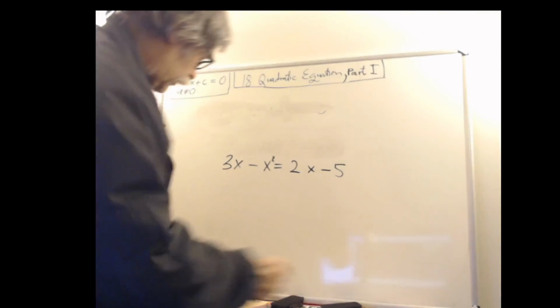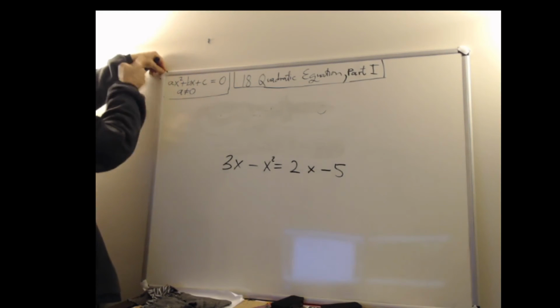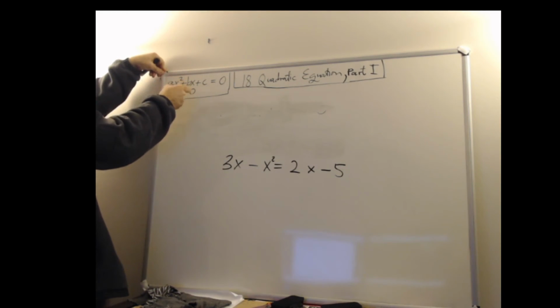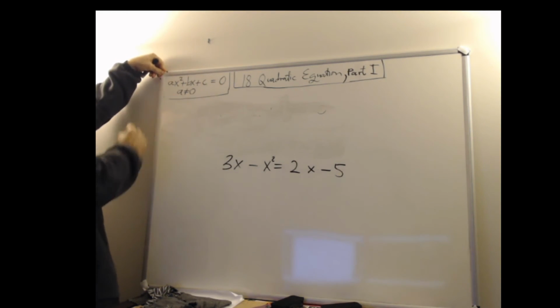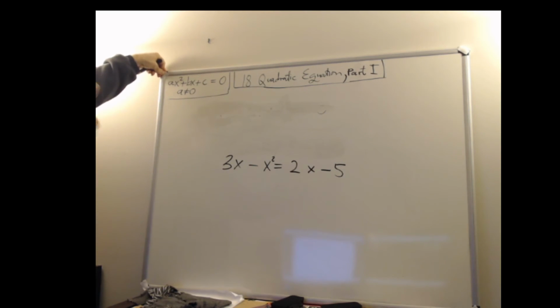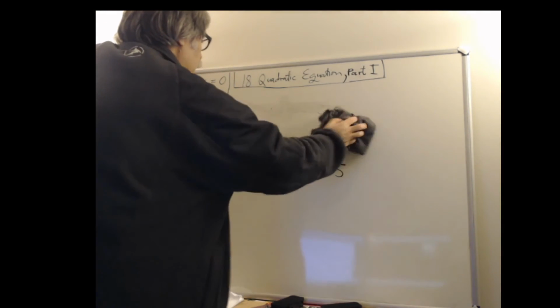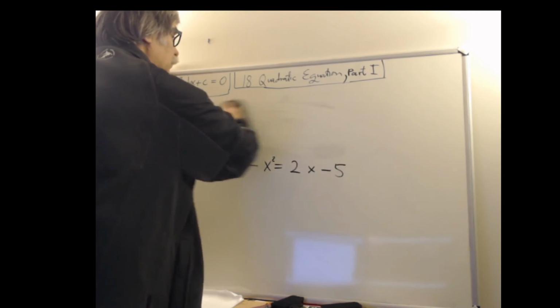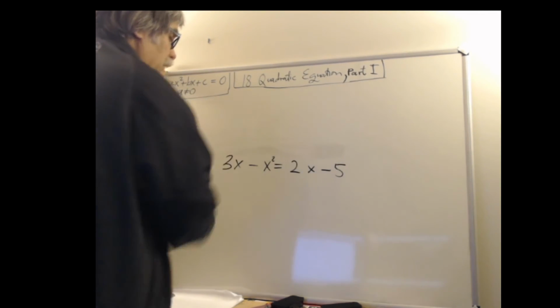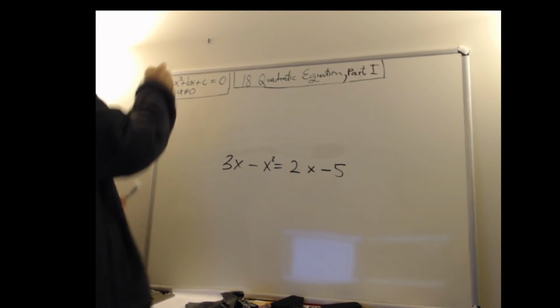The standard format is a term with an x squared, a term with an x, and a constant term equals 0. One term with an x squared, one term with the x, one constant term, and 0. So I have something else here, but again, this is something I can turn into this format.